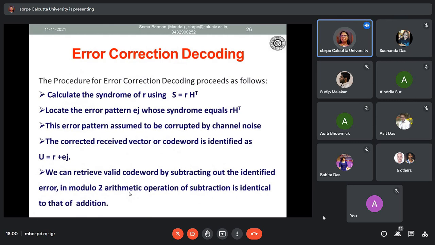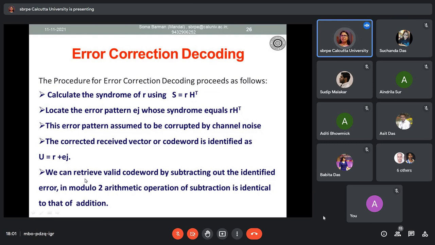This I have already mentioned, so no need to read it out again. For decoding, you calculate the syndrome, then locate the error position. This error pattern is assumed to be introduced by the channel, and then you correct the error by adding the received vector with the error pattern, and you can easily retrieve the correct code word.